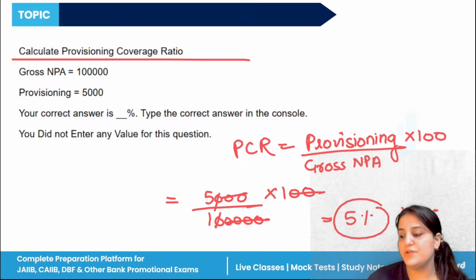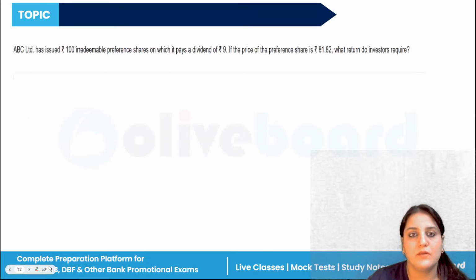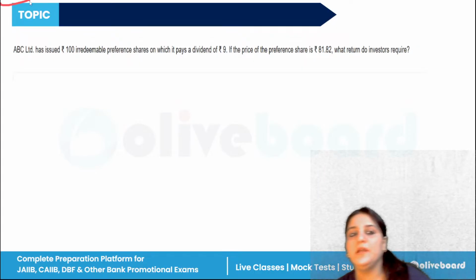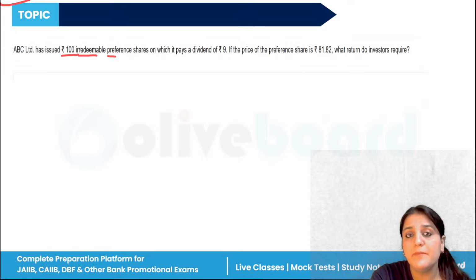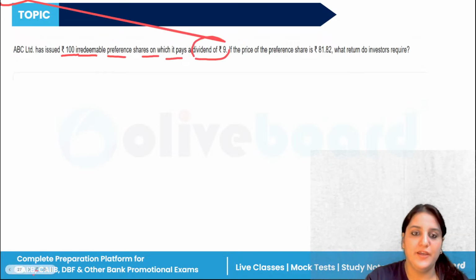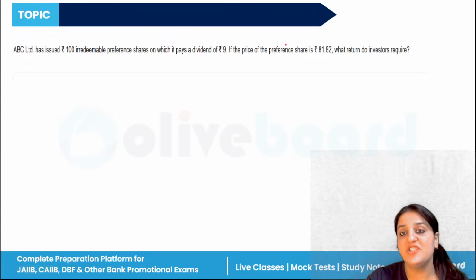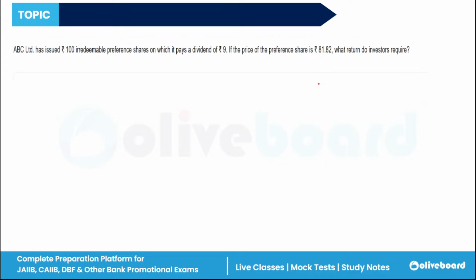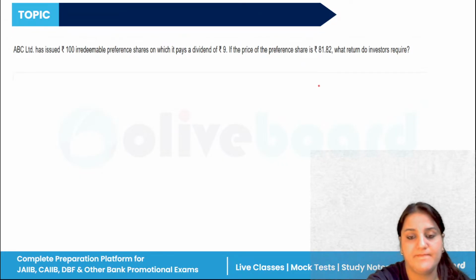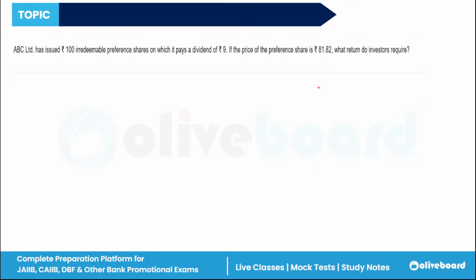Now the next question. Okay, so this is the last question for today. There is ABC Limited which issued 100 irredeemable preference shares on which it gets a dividend of 9%. If the price of the preference share is 81.82, what return will investors require here? What can they do in that case?